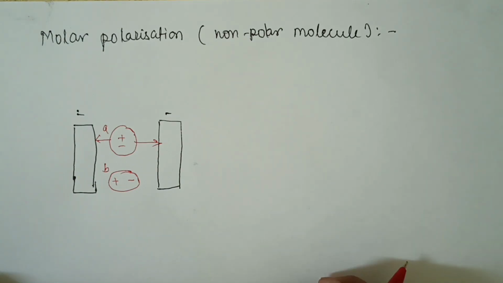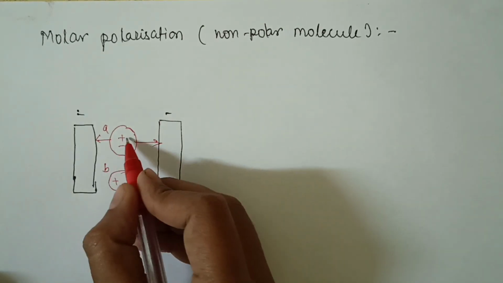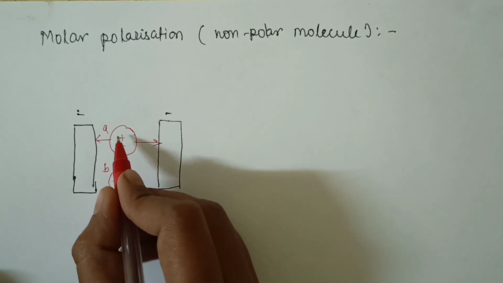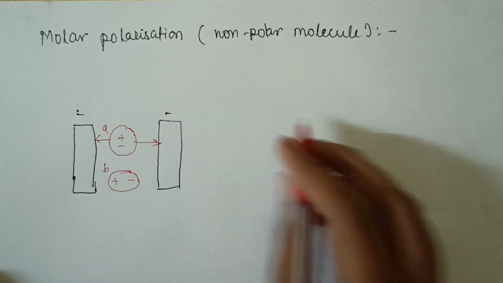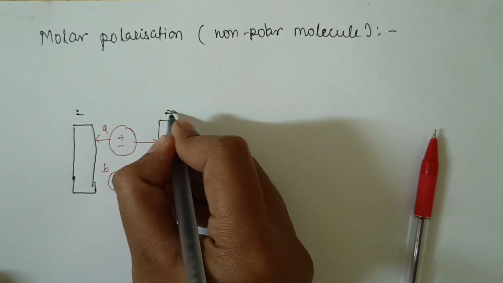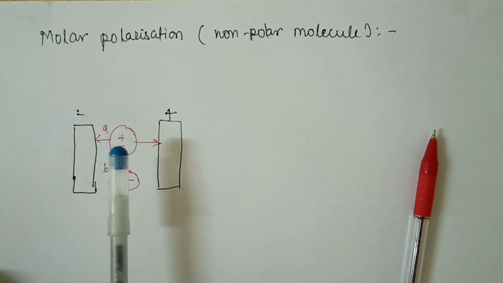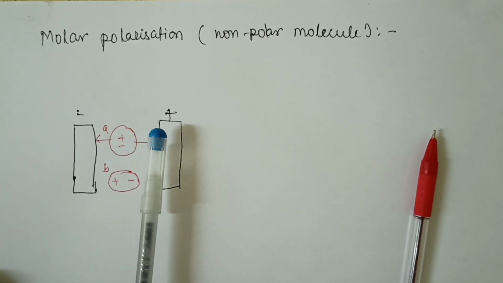So if a non-polar molecule is placed in an electrical field between two charged plates, the positively charged nuclei get attracted towards the negative plate, and the negative charge is attracted to the positive plate.